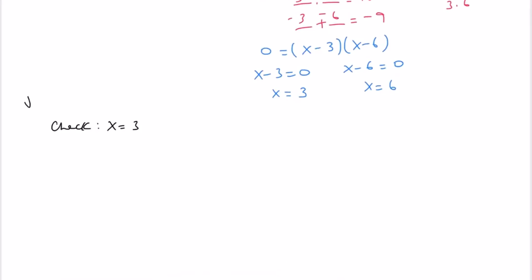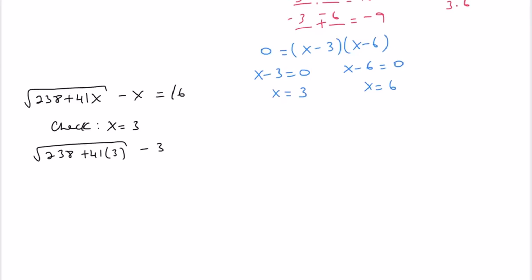Our equation was the square root of 238 plus 41x, minus x, is 16. So we have the square root of 238 plus 41 times 3, minus 3. Is this equal to 16? Calculate the inside of the square root.